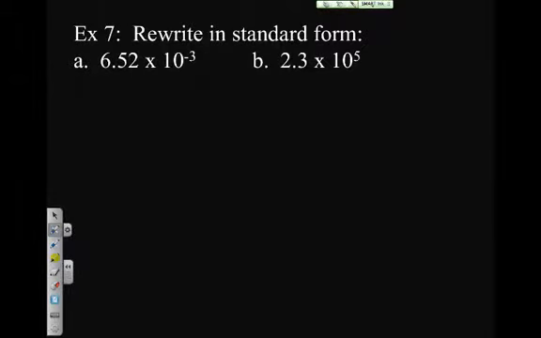In example 7, we're going to rewrite it in standard form. So again, 6.52 times 10 to the negative 3rd means that that is a very small number. We start out with the 6.52, and we have to move the decimal point 3 spaces, and we need this number to be small.